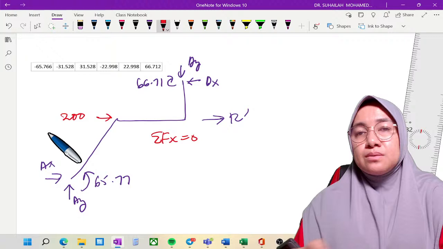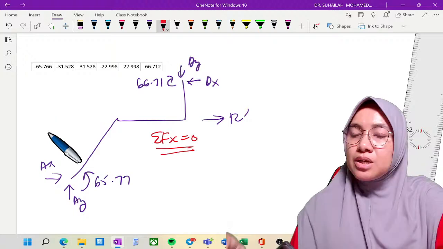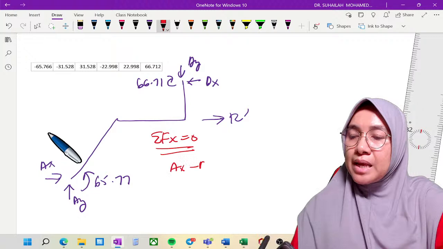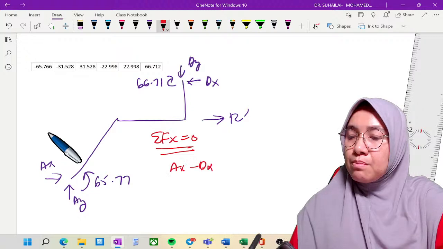The 200 is for the first table. So this is due to R prime only. So we write the equation: AX minus DX plus R prime equal to 0. Now we want to calculate AX and DX so that we can get R prime.